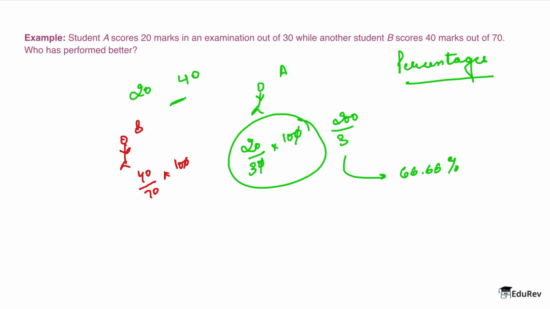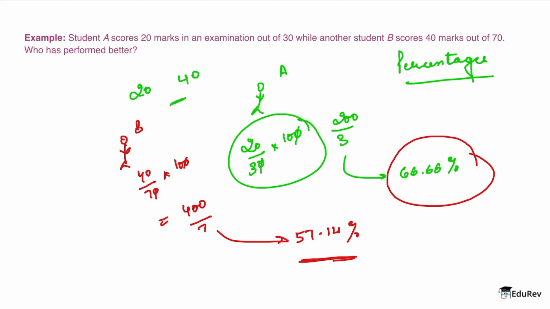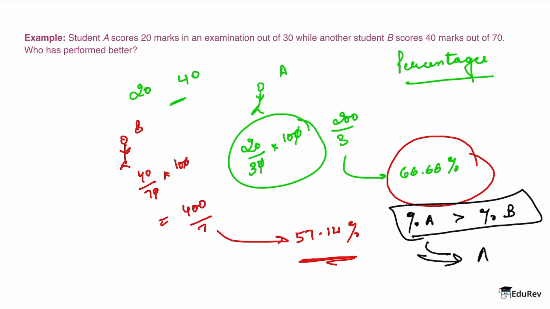So the percentage is going to be 400 by 7, which is nothing but 57.14%. So clearly I can see that the percent of A is greater than the percent of B. This implies that the performance of A was better than the performance of B.